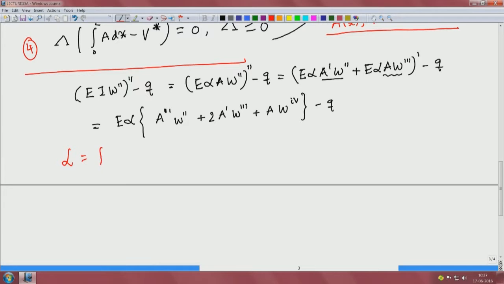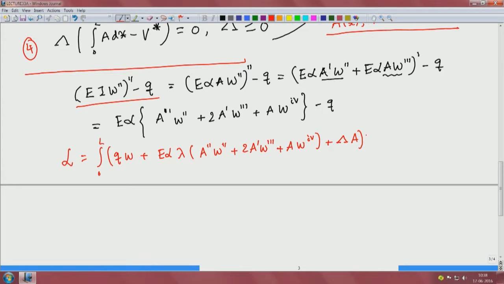Lagrangian, which is integral 0 to L of q w plus E alpha lambda, because lambda was multiplying this thing over there, times a double prime w double prime plus 2 a prime w triple prime plus a w fourth derivative, and then we also had the uppercase lambda times all of this.